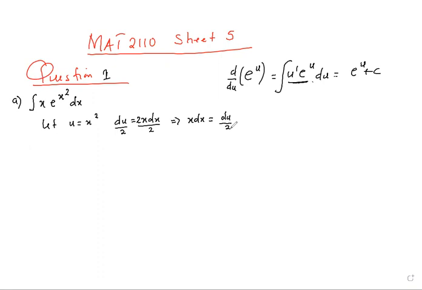Then we go and substitute. Where there is x dx, we'll put du over 2, and where there is x squared, we'll put u. So this can be written as half e to the u du, like that.